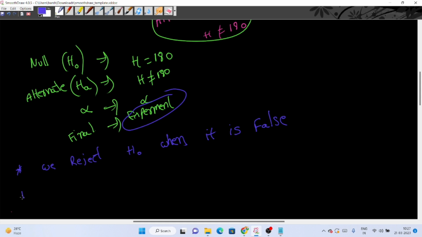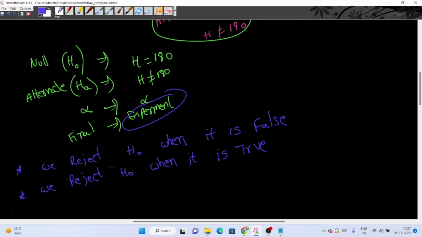And sometimes we may also reject the null hypothesis when it is true. So in the first example, we reject the null hypothesis when it is false.